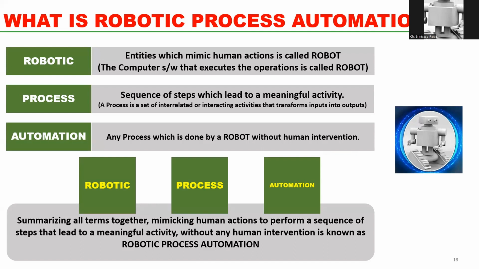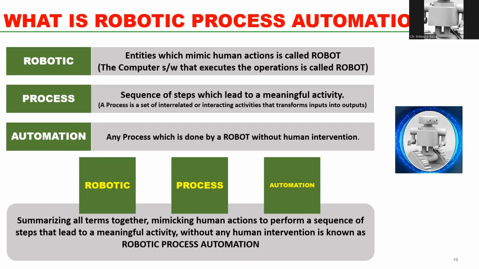A process is a sequence of steps having a definite start and a definite end, and in between, to reach from start to end and achieve a meaningful activity, there are various steps and activities. Altogether that is a process.